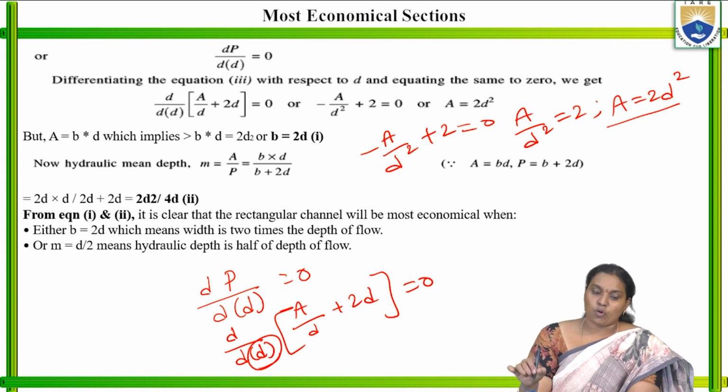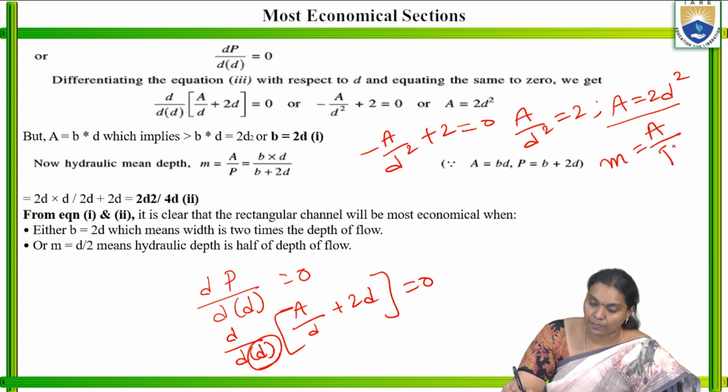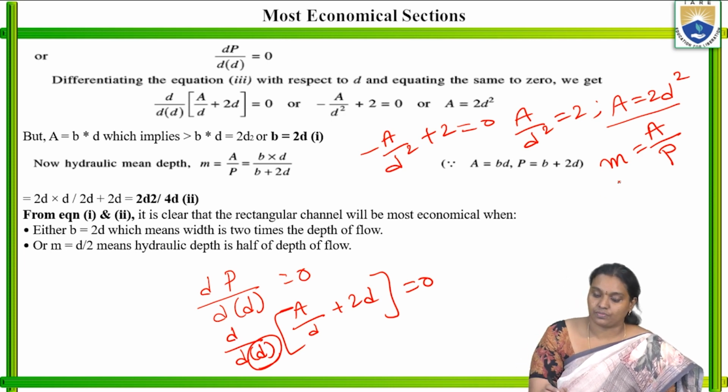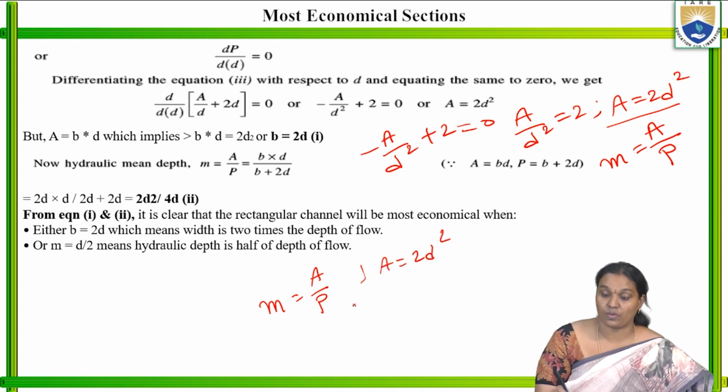And one more important parameter, mean depth is equal to area by perimeter. We know another parameter, hydraulic mean depth, M is equal to A by P. A is equal to 2D square.